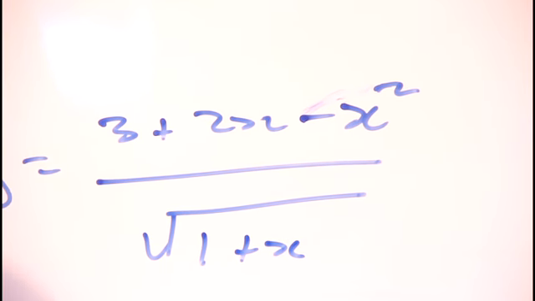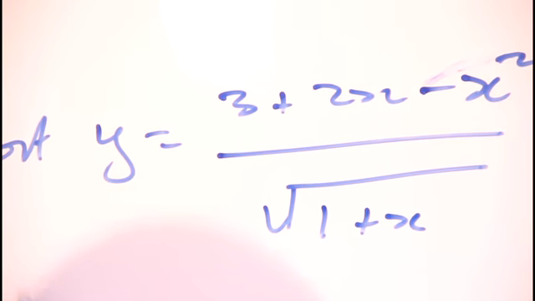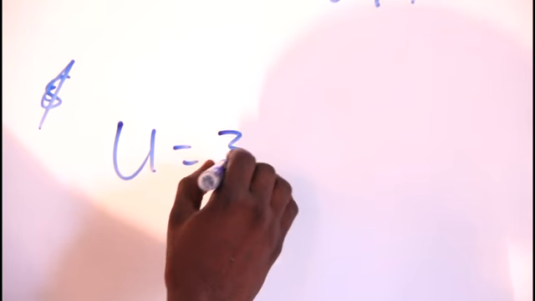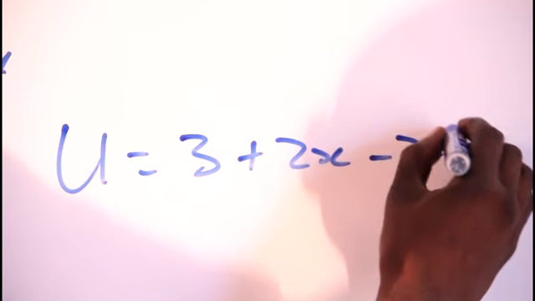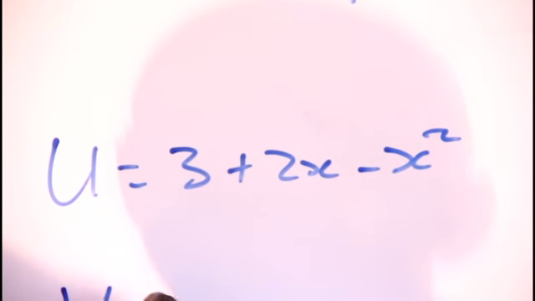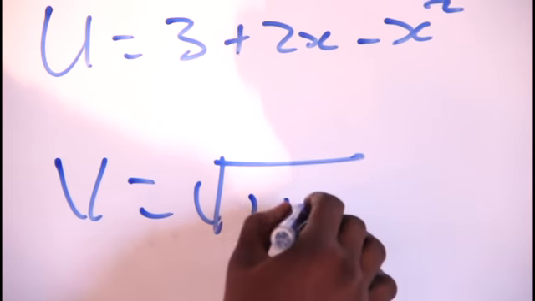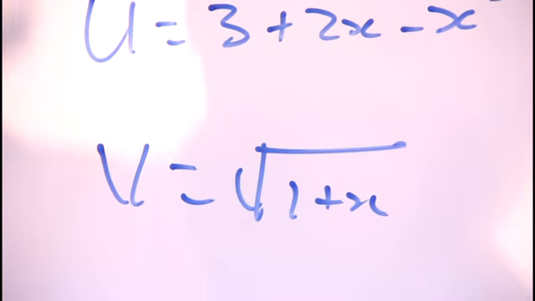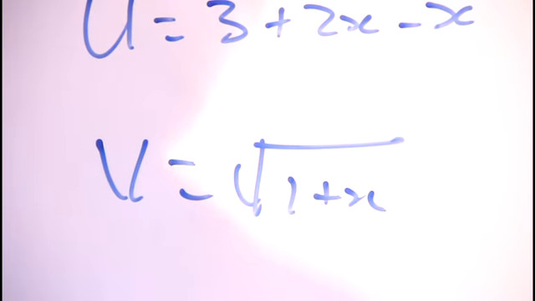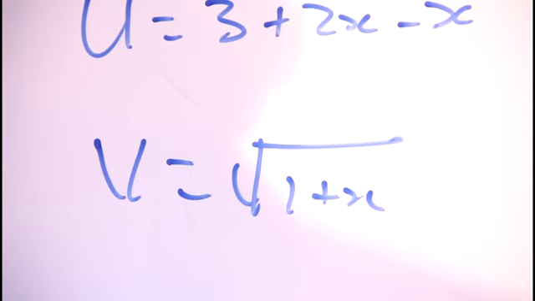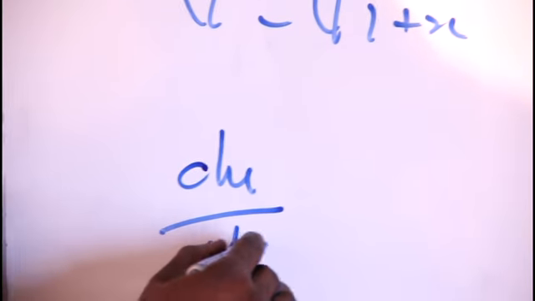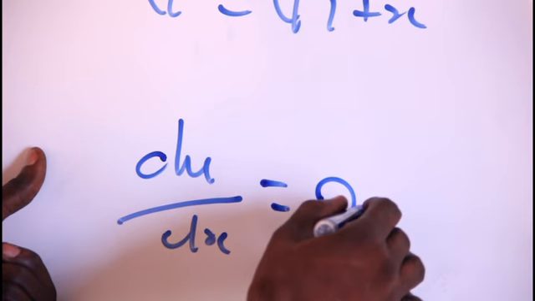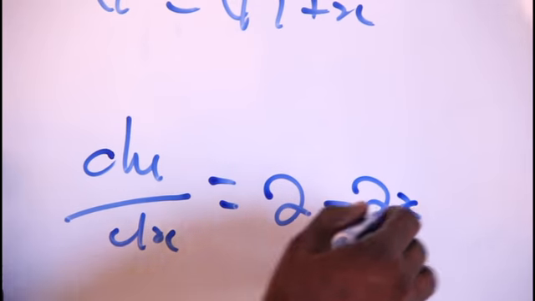Then we also say let u be equal to 3 plus 2x minus x squared, then v be equal to the root of 1 plus x. So, looking at this, what do we do next? We can find the derivative of the function u with respect to x. That will give us du over dx, so our result will be 2 minus 2x.